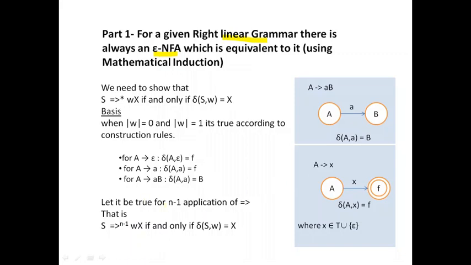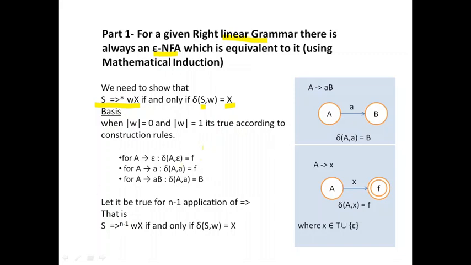What we need to prove here is that if in the right linear grammar, starting with the start symbol S, we are able to derive a sentential form like Wx, then in the corresponding epsilon NFA, starting from capital S, which is the initial state, on reading W, we will reach a state capital X. We have already discussed the rules of how we do that construction.